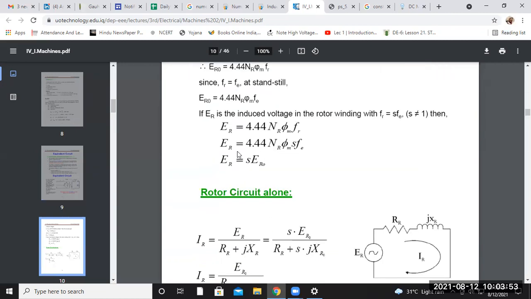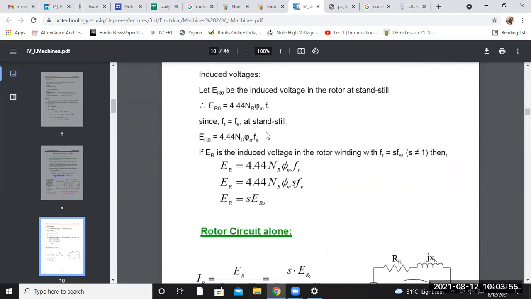Here you can see that the induced voltage in the rotor part is given by this formula: root 2 pi F. When you multiply with the form factor, you will get 4.44 NR phi M Fe. Here also Fe is the supply frequency. Here Fr equals F at the standstill condition.